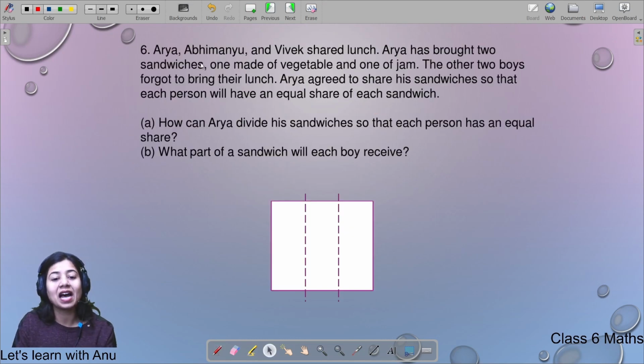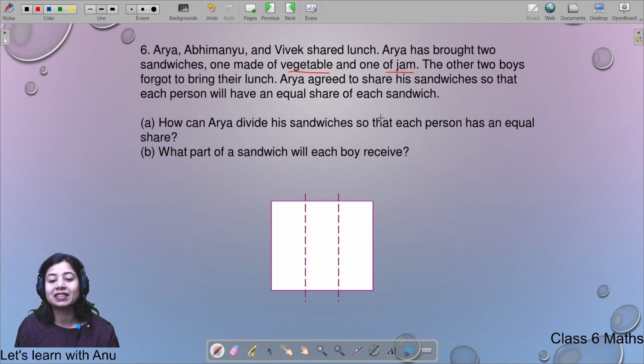Moving ahead. Question number 6. Arya, Abhimanyu and Vivek shared lunch. Arya has brought 2 sandwiches, one made of vegetable and one of jam. The other 2 boys forgot to bring their lunch. Arya agreed to share his sandwiches so that each person will have an equal share of each sandwich. Quite a lengthy question, class. But don't worry, it's quite easy.